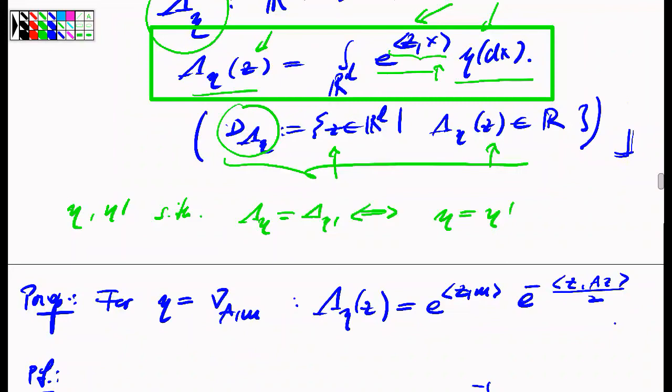And the converse is obviously also true. So if two measures have the same Laplace transform, then the measures must be the same.